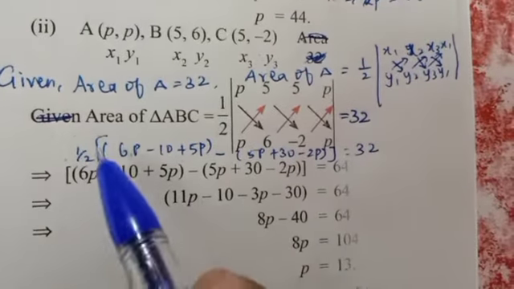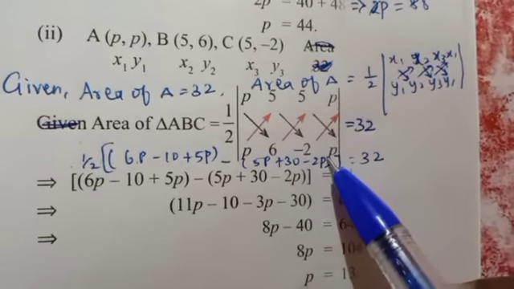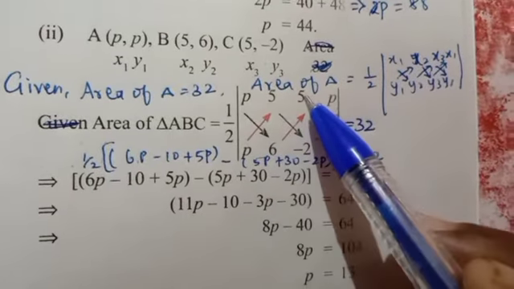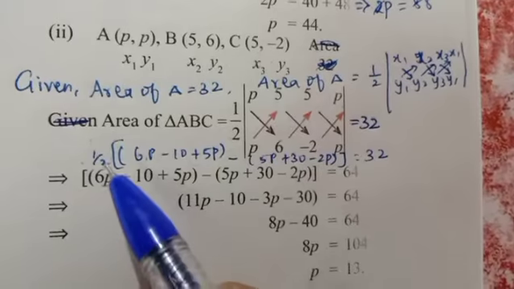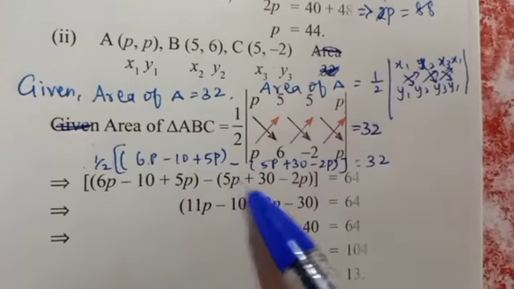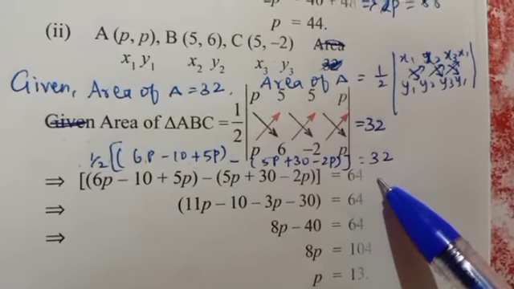Equal to 32. So 1 by 2 into, multiplying, 6 into p, 6p minus 10, plus 5p, minus of 5p plus 30 minus 2p is equal to 32. This 2 transposes to this side, so that is 6p minus 10 plus 5p minus 5p plus 30 minus 2p is equal to 64.